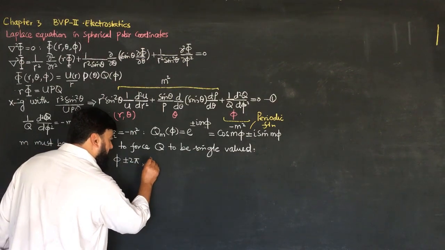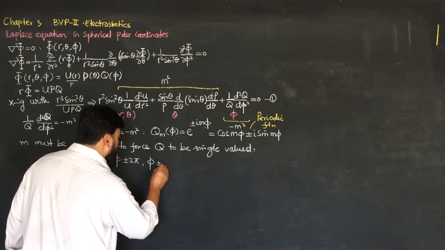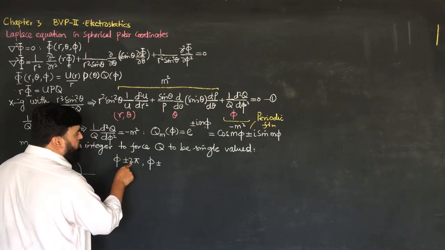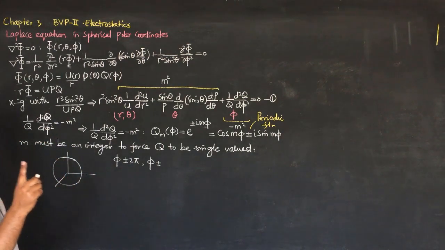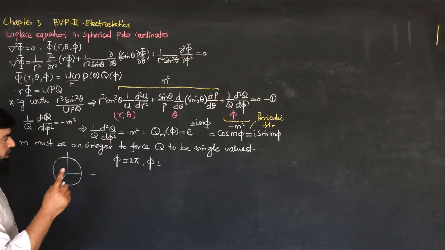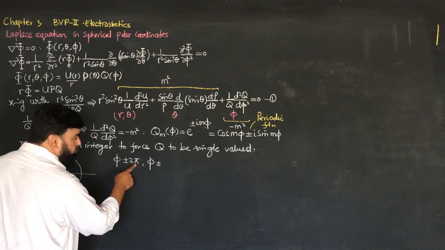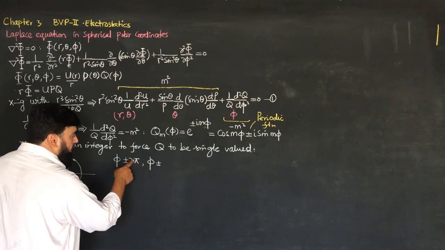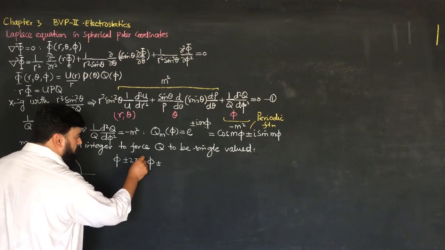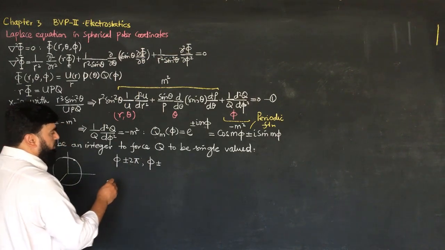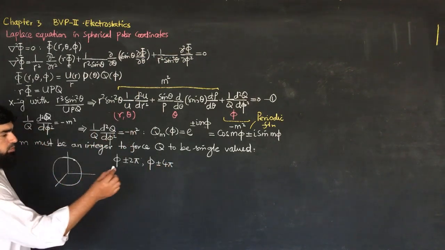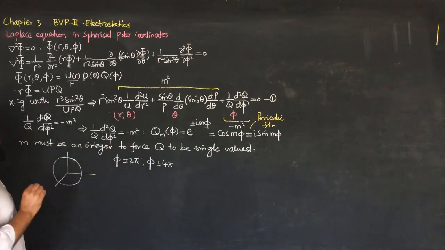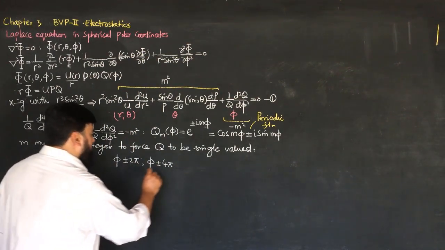Similarly, instead of 2 pi, if I move another 2 pi, this becomes 4 pi. Earlier we had multiplied with 1, now we have multiplied with 2. So with 4 pi, another 2 pi, that point will come again.